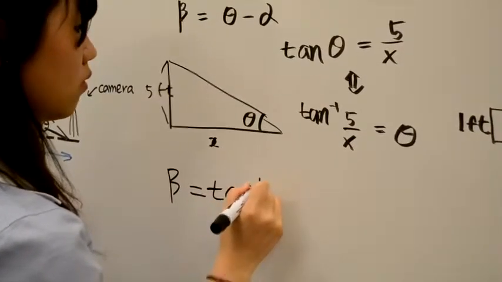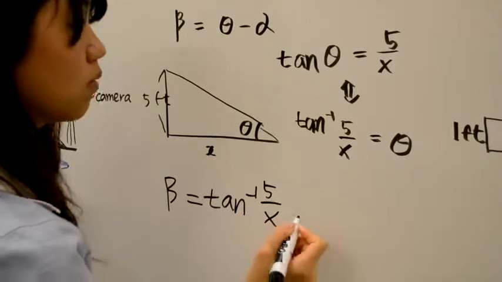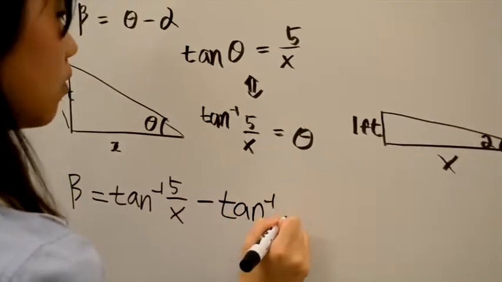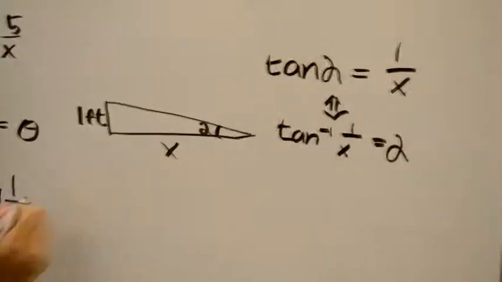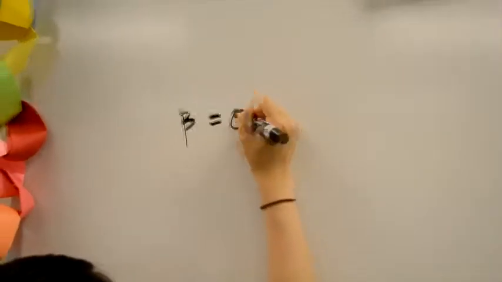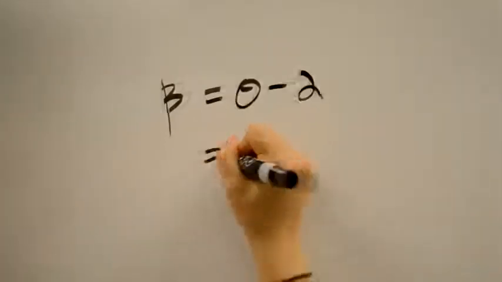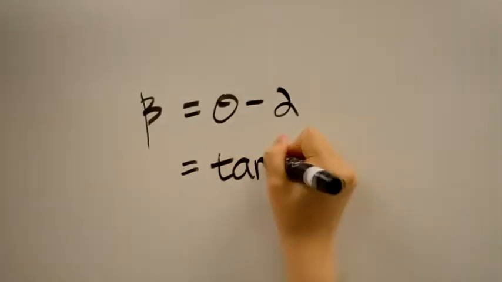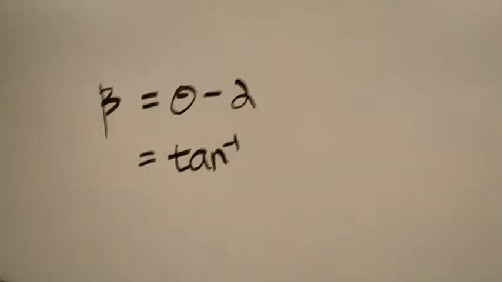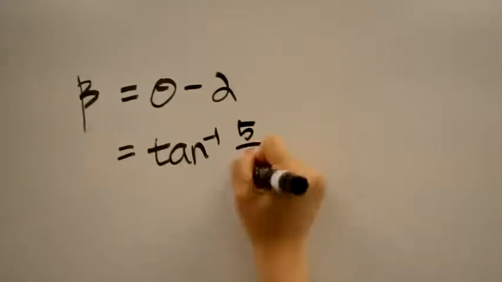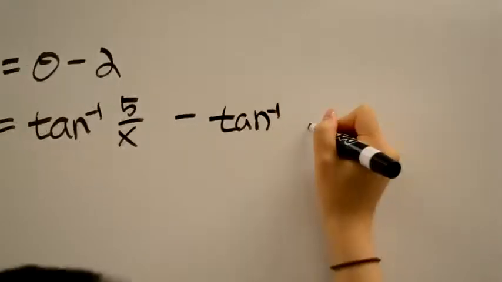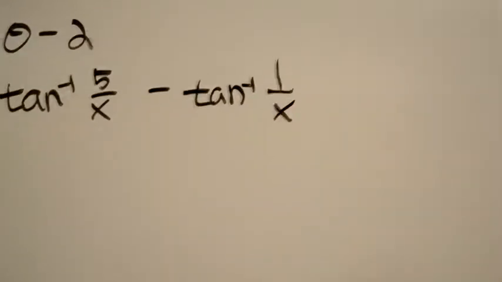And so when we substitute those equations in theta and A, it's going to be that minus that. And so we know that theta minus A, which is also B, is going to be inverse tangent of 5 over x minus inverse tangent of 1 over x.